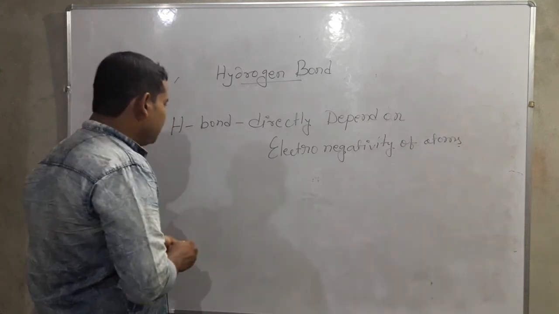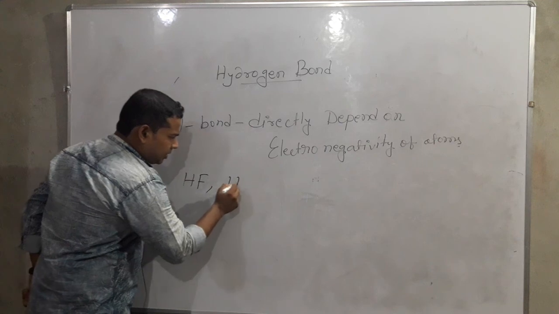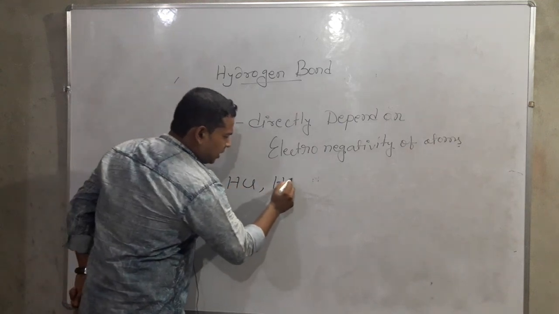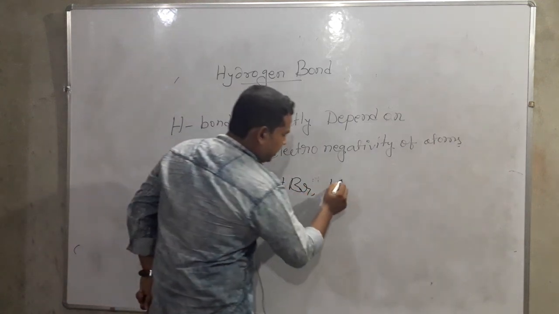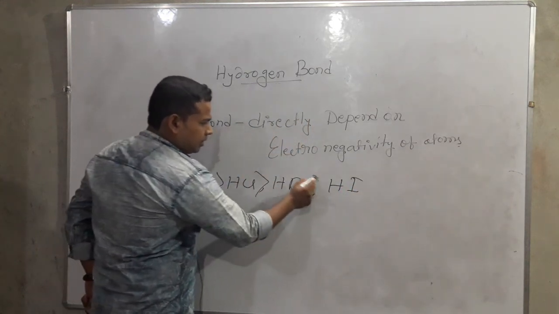Clear? So HF, HCl, HBr, then HI. So HF has more hydrogen bond than HCl, then HBr.